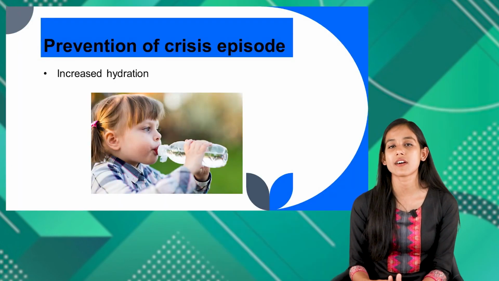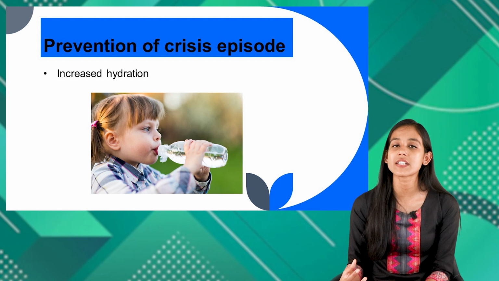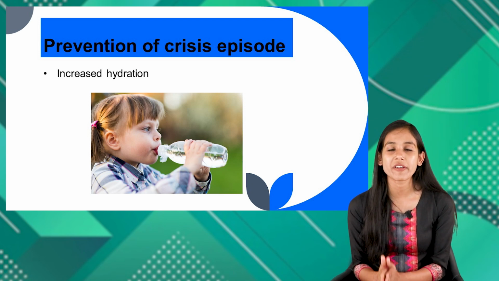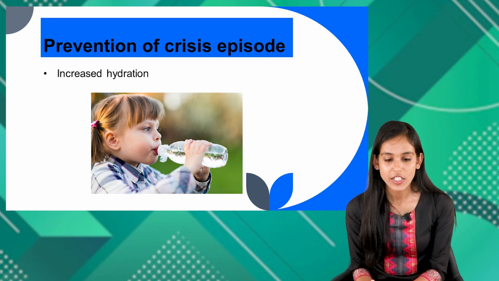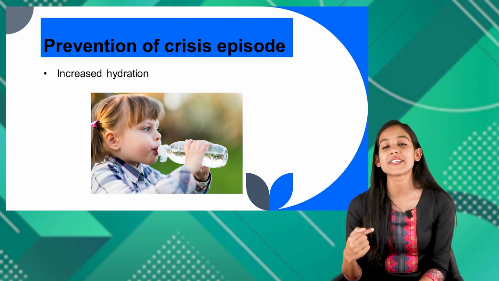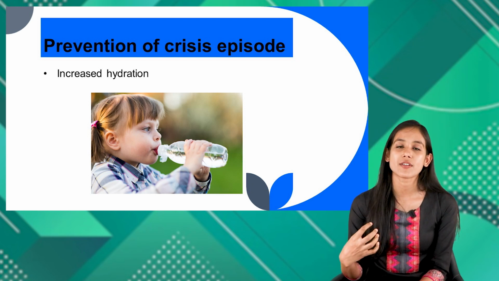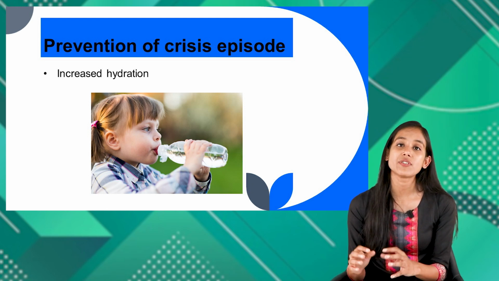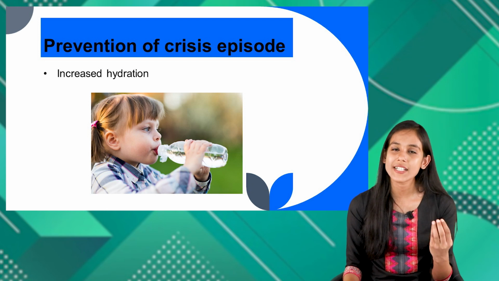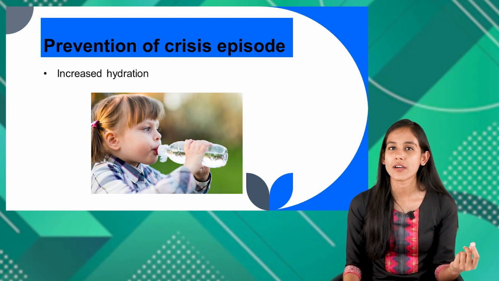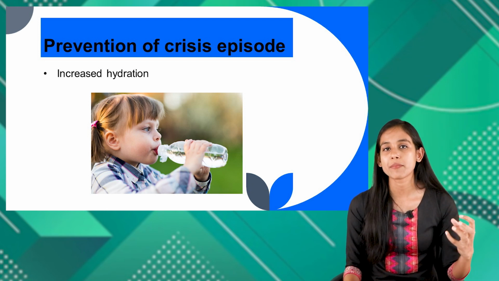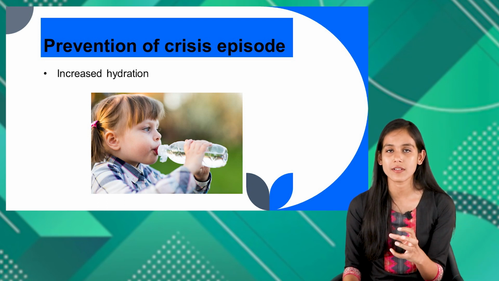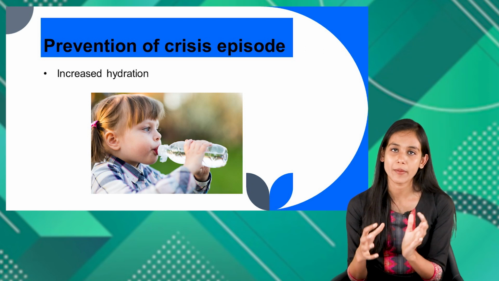Now next let us see how to prevent the crisis episode. So as a nurse, what can we do to prevent a crisis episode in a child? The first thing would be increased hydration, because if we can increase hydration, we would be able to dilute the blood. So the stickiness would also decrease, because we know that because of the stickiness, this plugged the blood vessels, right?